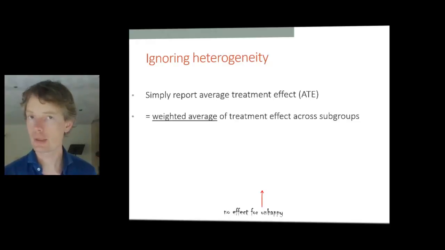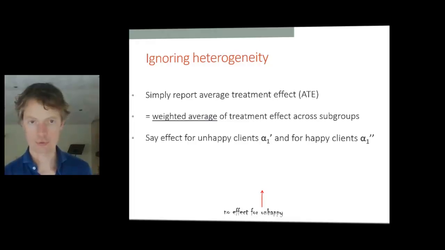Now let's look at the first strategy, simply ignoring heterogeneity. So in that case you simply report the average treatment effect, so that is the alpha 1 in our previous equations, but you should realize that this average treatment effect is actually equal to the weighted average of the treatment effect across subgroups.